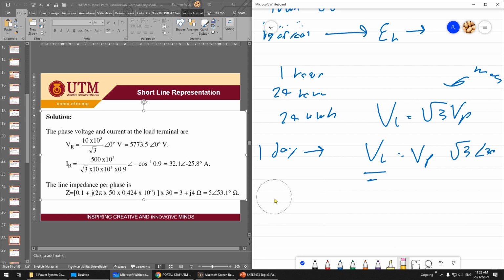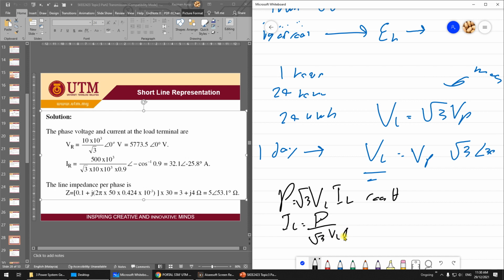P is equal to square root of 3 V_L I_L cos theta. So from this you can get I line. I forgot the square root 3. So if you do this, I line is P divided by square root 3 V line cos theta. So this is just a magnitude.